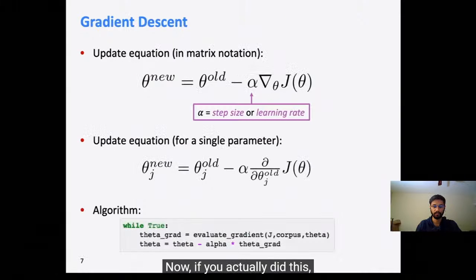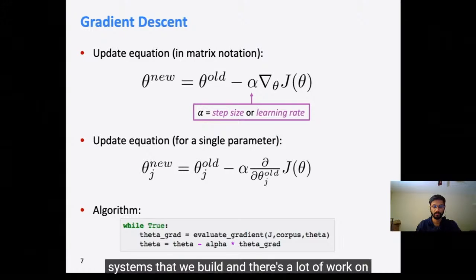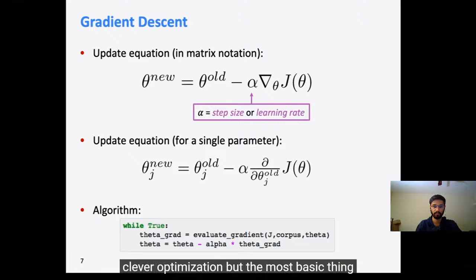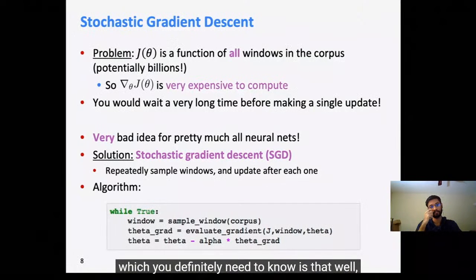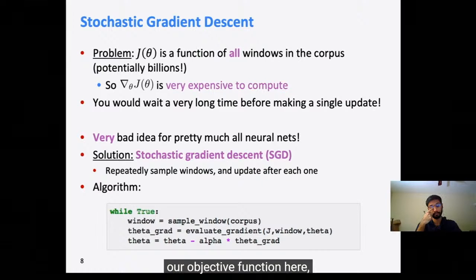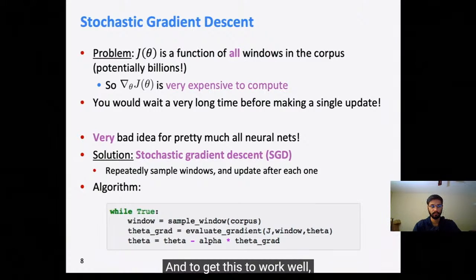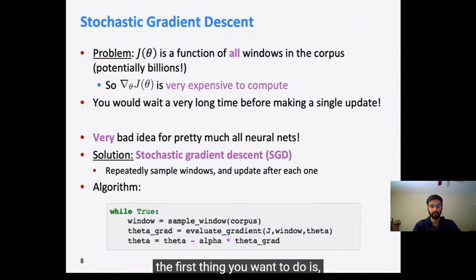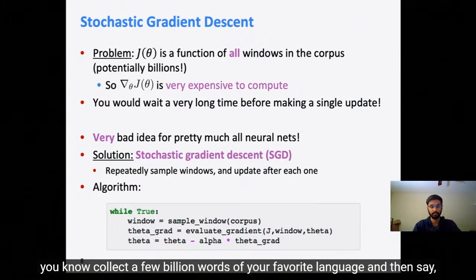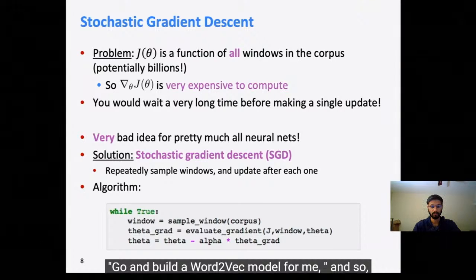Now, if you actually did this, it would be unbelievably bad for the kind of systems that we build. There's a lot of work on clever optimization, but the most basic thing, which you definitely need to know, is that our objective function here, J of theta, was a function of our entire corpus. To get this to work well, the first thing you want to do is collect a few billion words of your favorite language and then say, go and build a word2vec model for me.